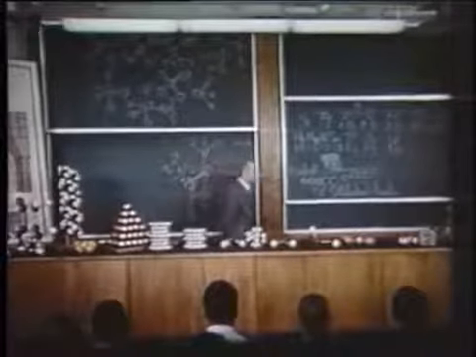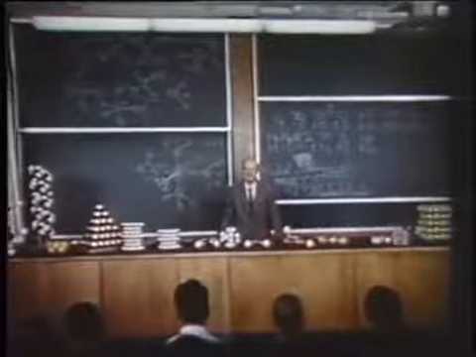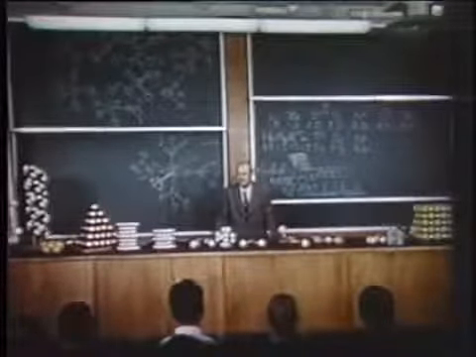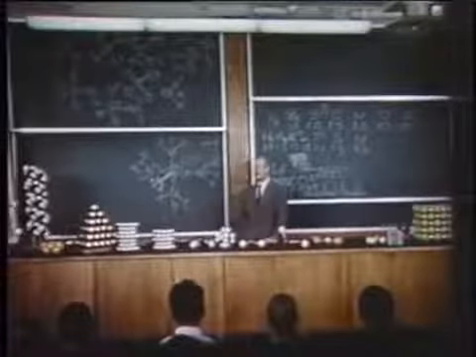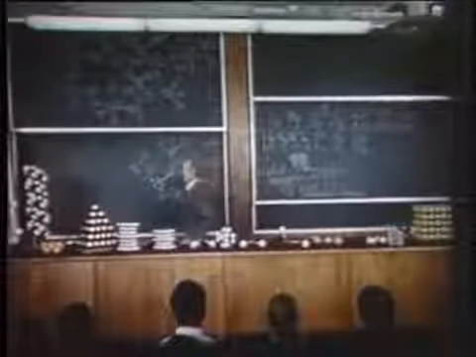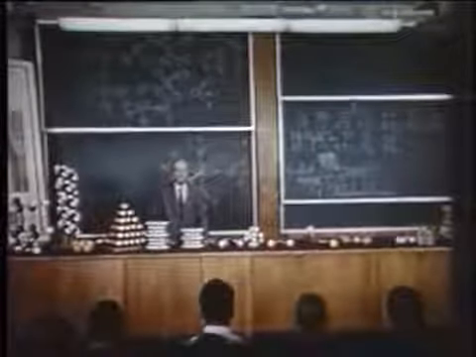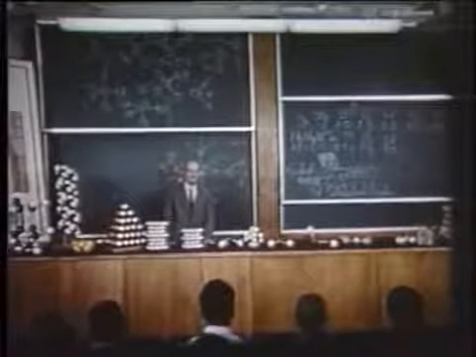And this problem has been solved by introducing another concept, the concept of oxidation number. Oxidation numbers assigned to atoms permit us to keep track of the electrons in an easy way.